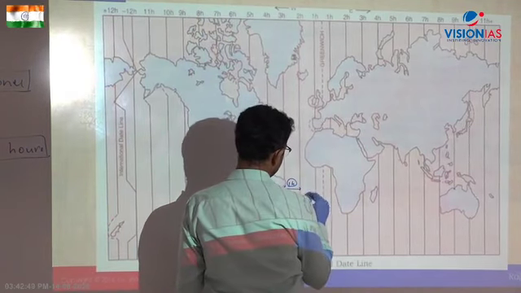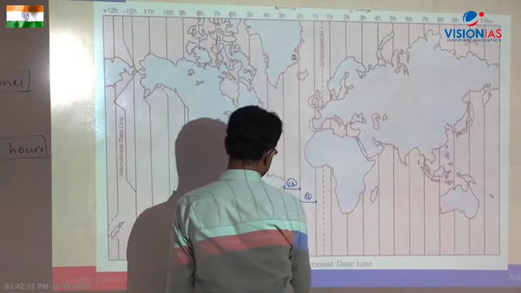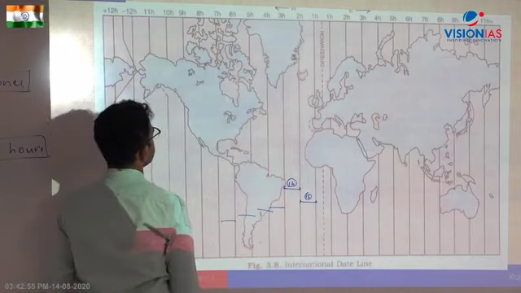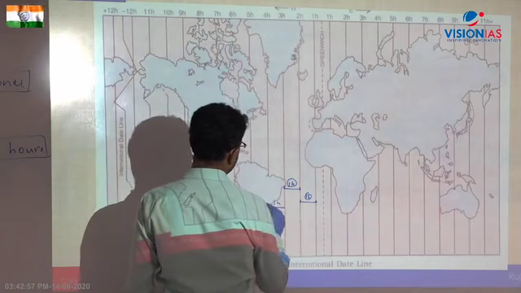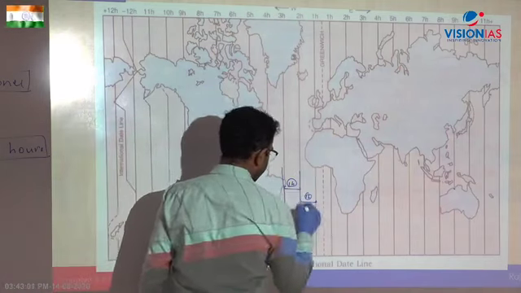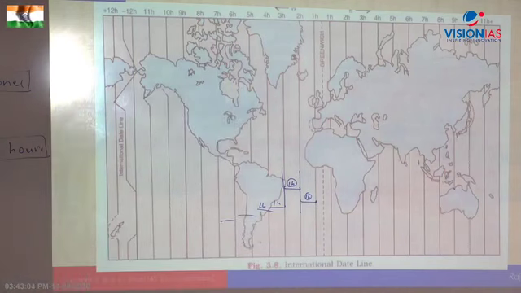We have demarcated, yes, this is this time, this is this time zone, this is this time zone, with 1 hour of difference. So with 1 hour of difference, how much of longitude would be there? We have 360 degrees of longitude and 24 hours, that is 24 time zones.